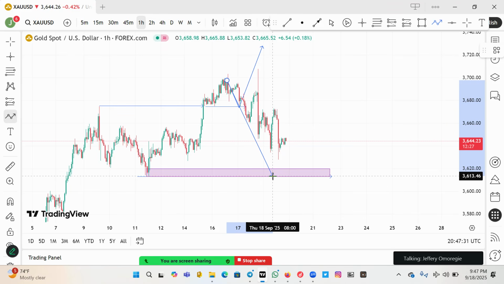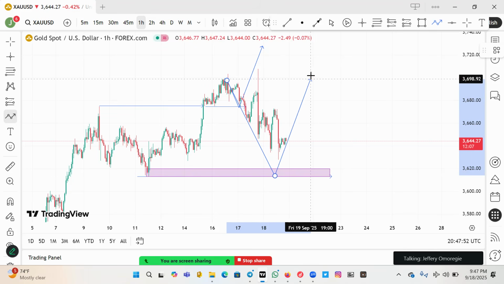That is, it should not go below it with the body of the candle. It can go below it with a wick, but not with the body of the candle. Then a continuation flow is set to happen. The market will continue to the upside.